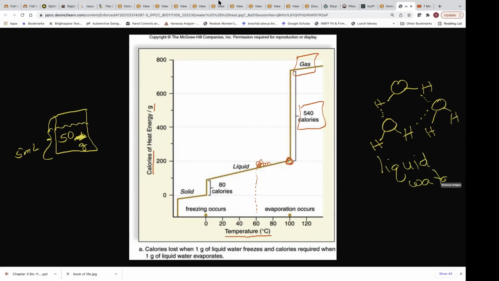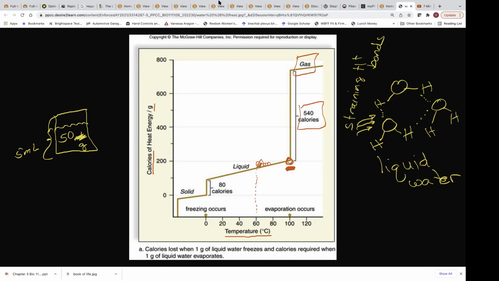Every time you put more energy into the liquid water, it is going to start straining the hydrogen bonds. When you add more energy, it adds more strain to those hydrogen bonds until you get to around the boiling point, where your liquid water is ready to turn into gaseous water.